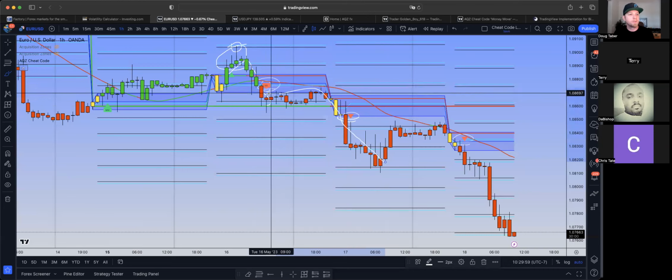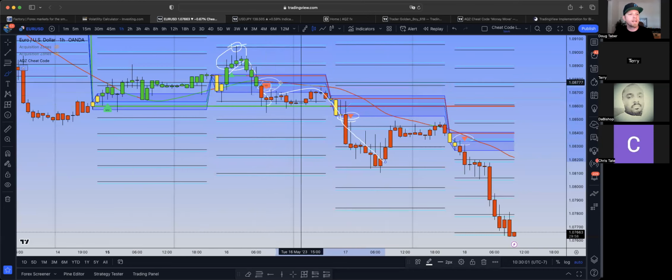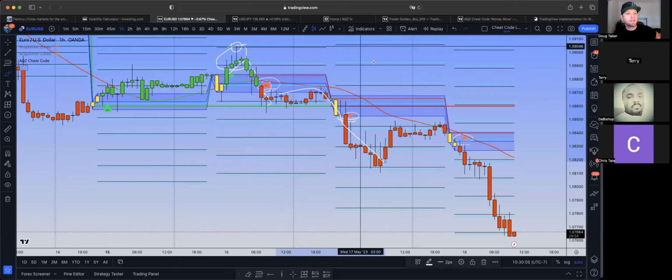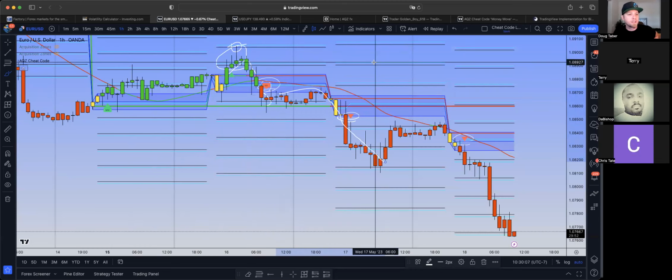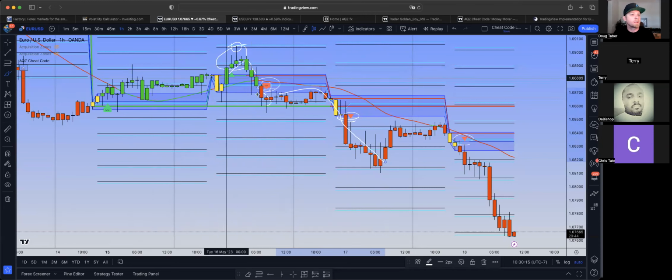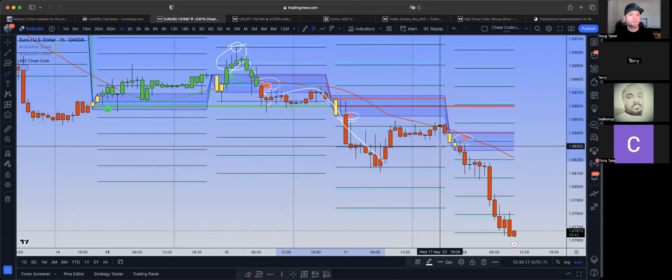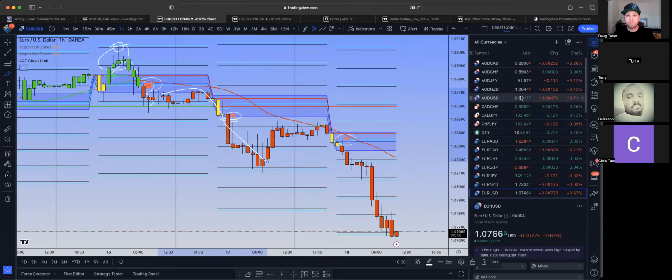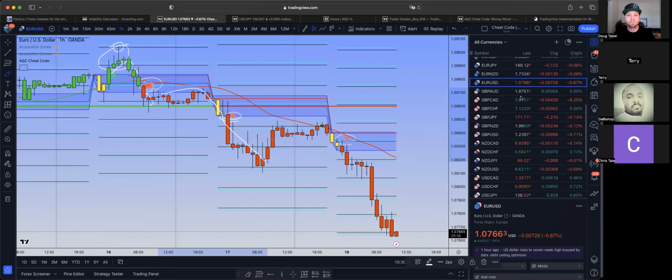So New York session is good to trade USD pairs. And then, of course, London session is nice to trade those London pairs like the Great Britain pound, the yens, the Euro pairs. So yeah, both sessions are great. Just focus on the pairs that move during those sessions.